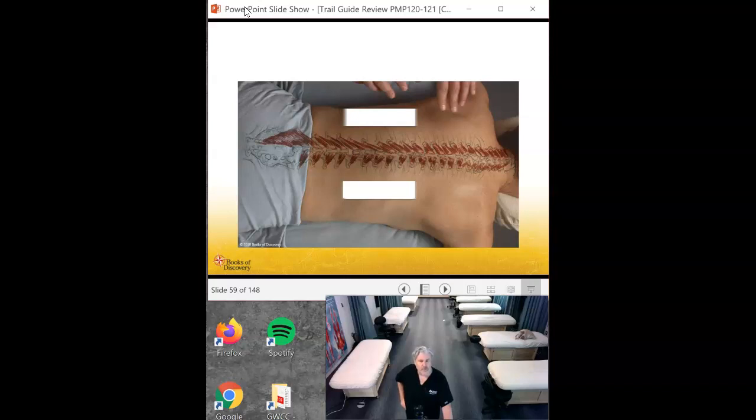Well, all the multifidus and rotatores attach to the spinous processes. The spinalis attaches to the spinous processes. And you've got what are called interspinalis muscles that you have up by your neck and in your lumbar region that connect one spinous process to another.